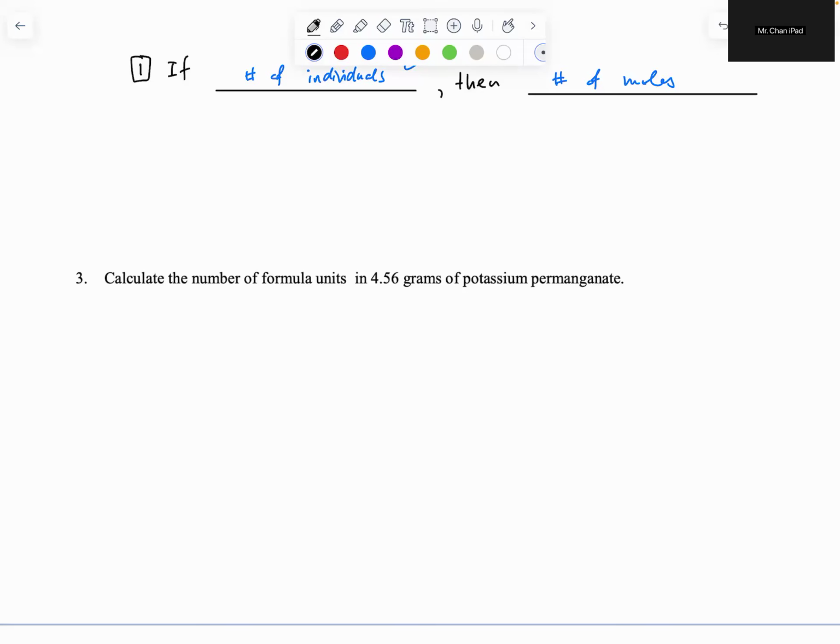Okay, so the chemical formula for potassium permanganate is KMnO4.